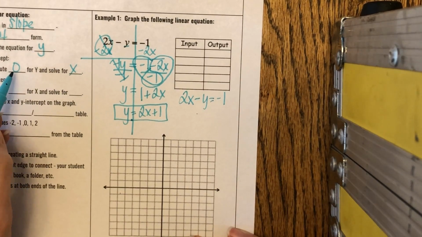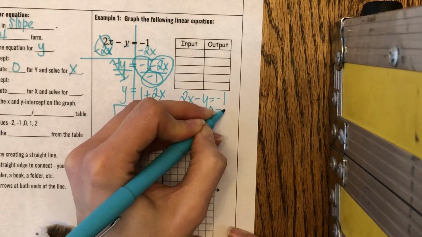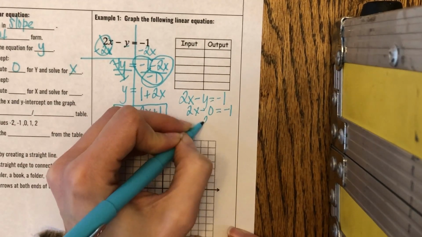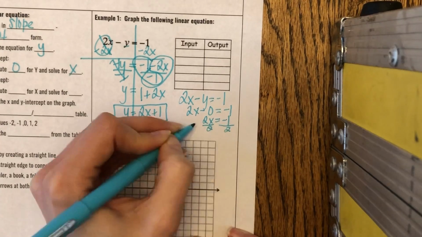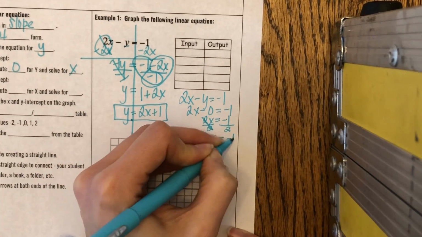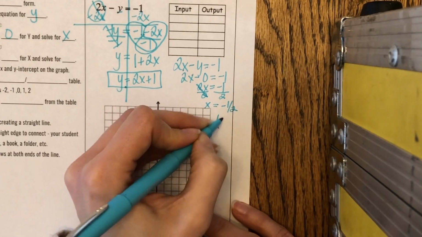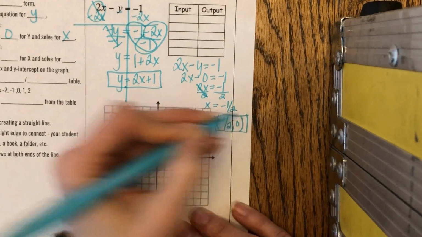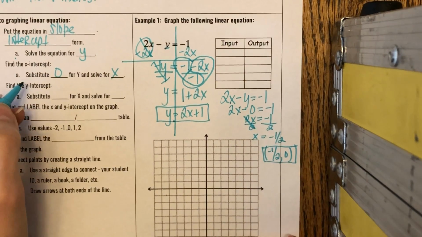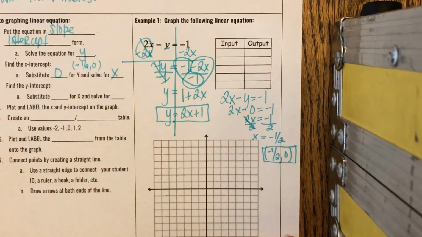Step 2 says to substitute 0 for y, so 2x minus 0 equals -1. I'm left then with 2x equals -1. I need to divide each side by 2. X then equals -1/2. So my x-intercept would be -1/2, 0. I'm going to write that down by my step 2. So my x-intercept is -1/2, 0.